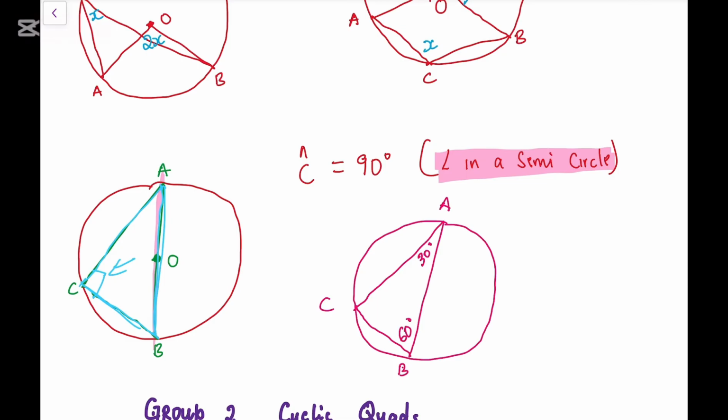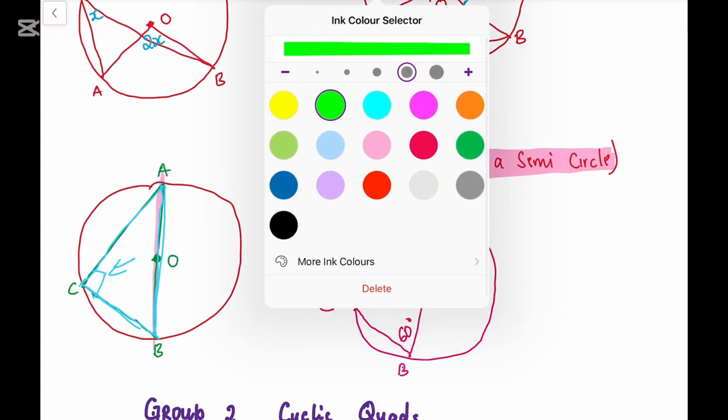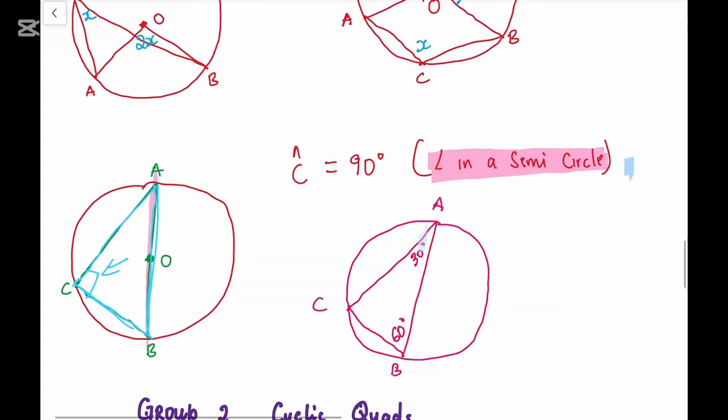Now, you will calculate angle C. So now, you can see here that we have a triangle. This is a triangle, right? And the angles in a triangle must add up to 180. So to calculate angle C, you'll just say angle C is equal to 180 degrees minus 30 degrees minus 60 degrees. Why?